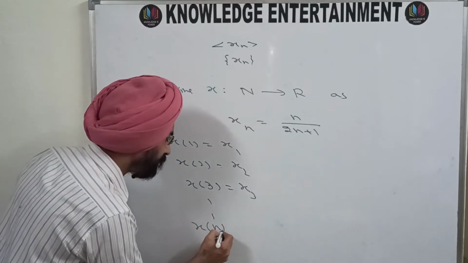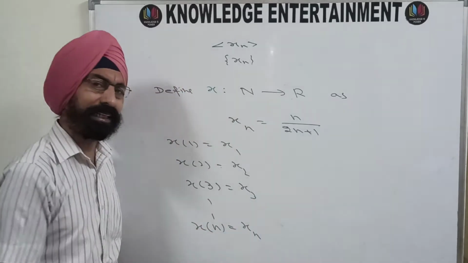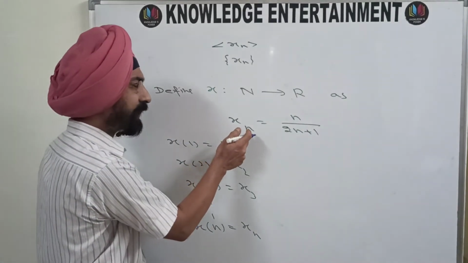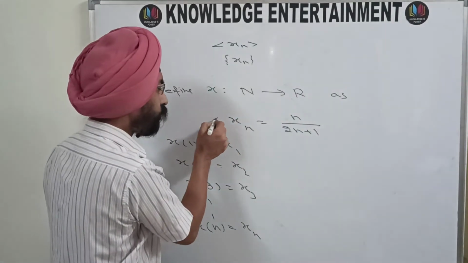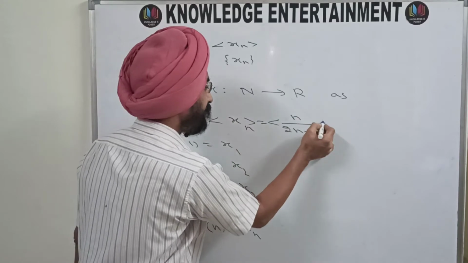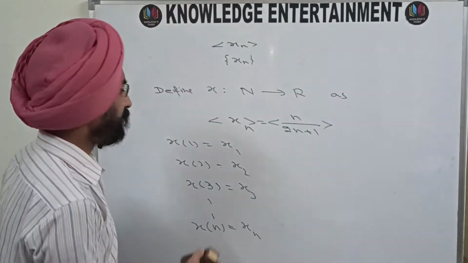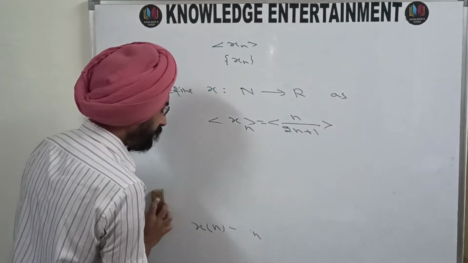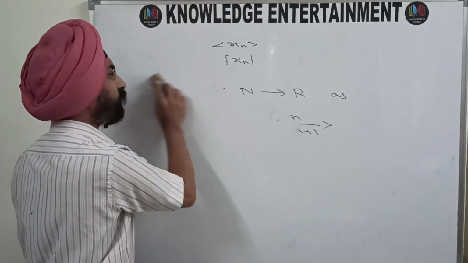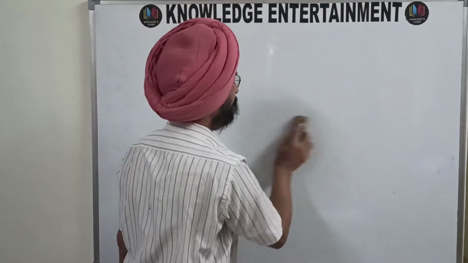X of n means the nth term xn. So this is your xn, the nth term of the sequence. So this is your sequence. So basically what is a sequence? A sequence is a function with your domain as the set of natural numbers.